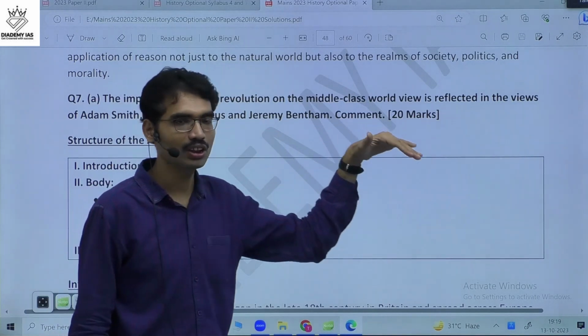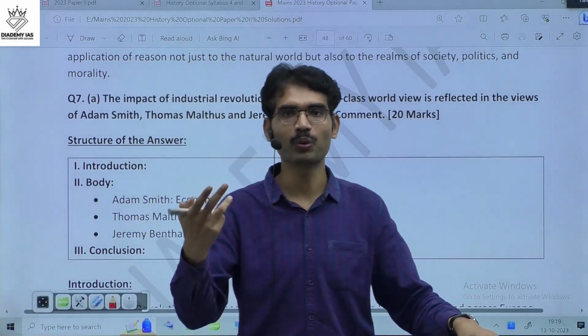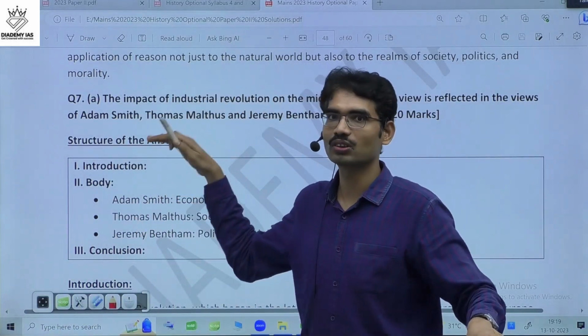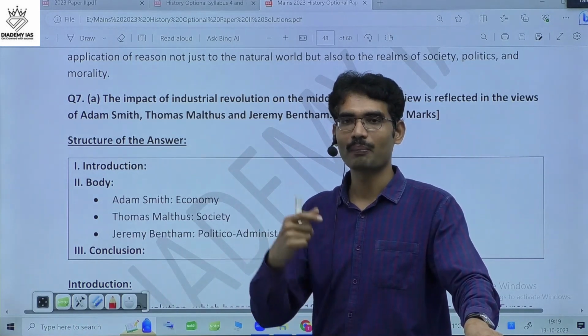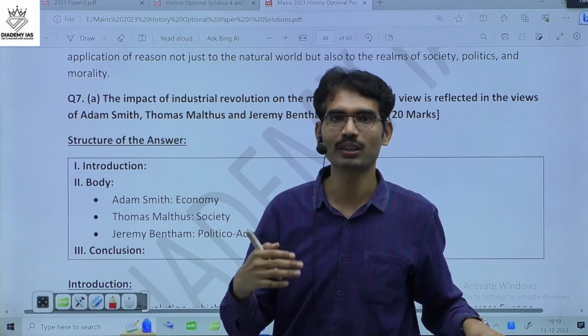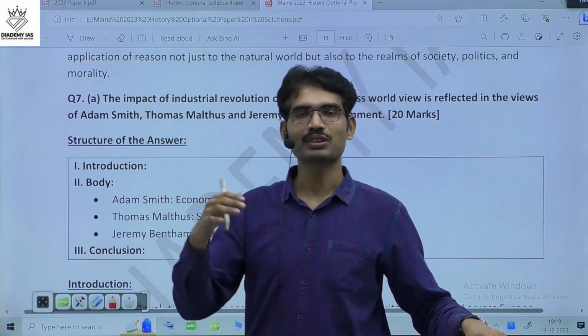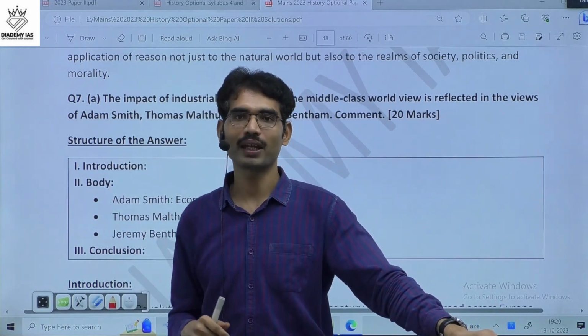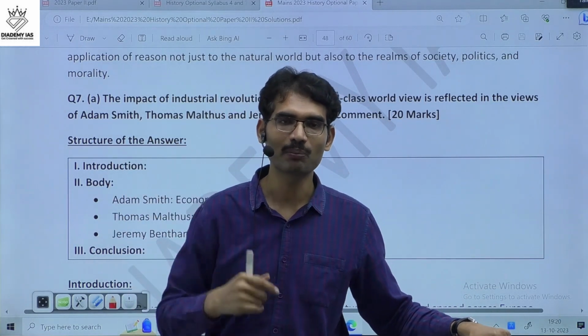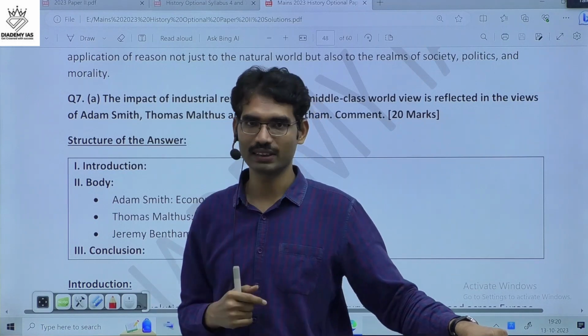Jeremy Bentham, he talks about administration, political angle. He talks about utilitarian principle. Maximum number of people should get benefit. Even if some people are taking the pain, still for maximum benefit, you have to take the decisions.